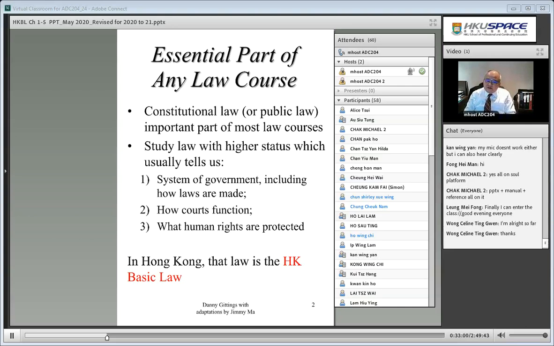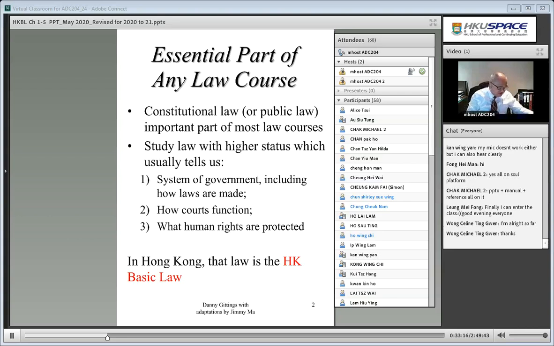My second slide. Oh, but before I move on, you will see that on the bottom of the slides there is a description: Danny Gittings with adaptations by Jimmy Ma.